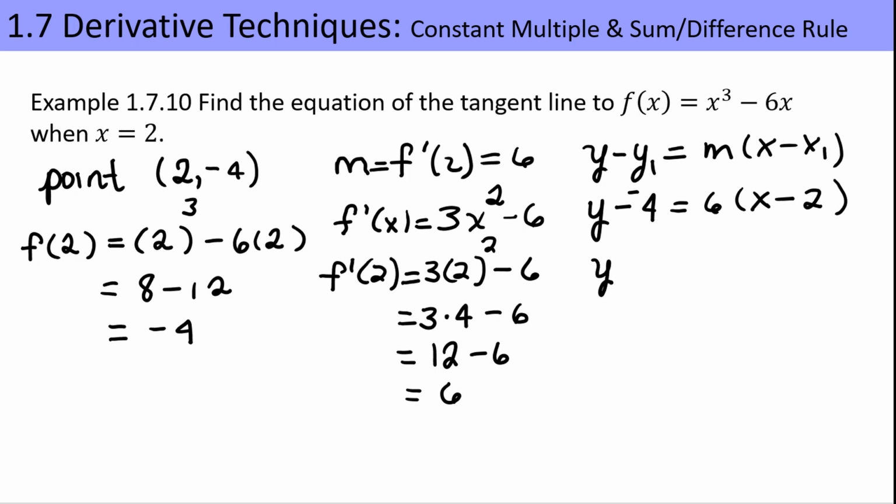Y minus negative would be plus 4 equals, let's distribute the 6 on the right hand side. So we've got 6x minus 6 times 2 is 12. Let's subtract 4 from both sides and we'll get y equals 6x. Negative 12 minus 4 is negative 16. And now we have the equation in slope-intercept form.